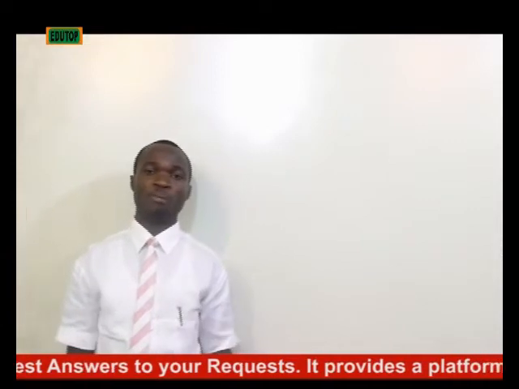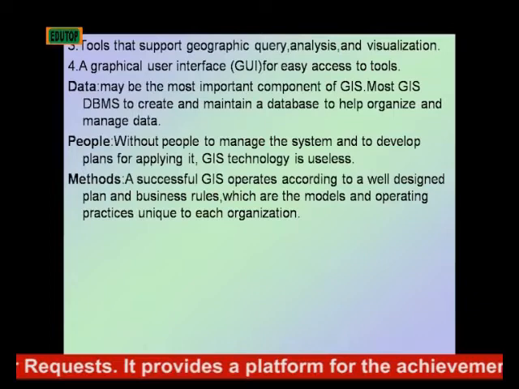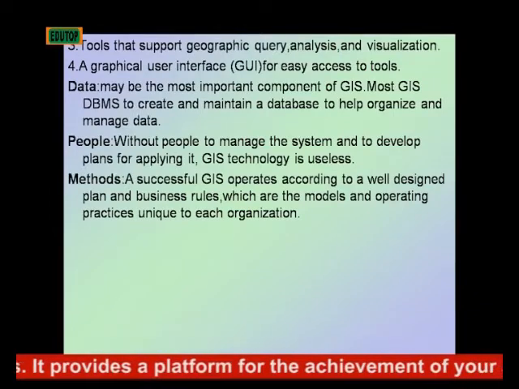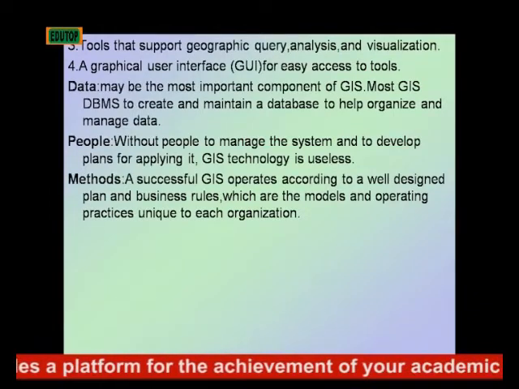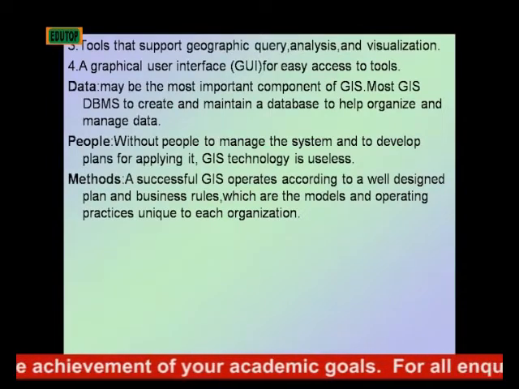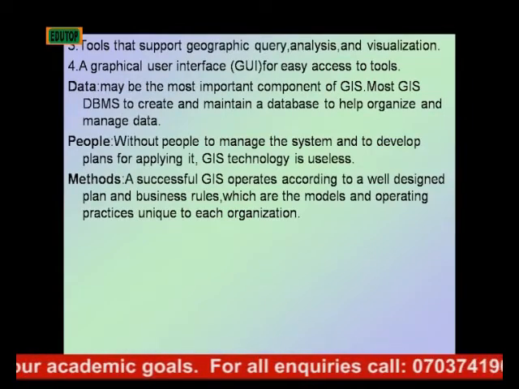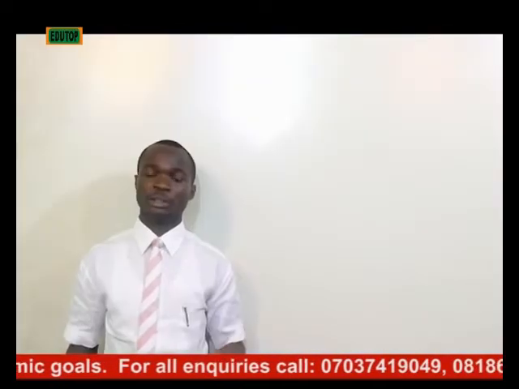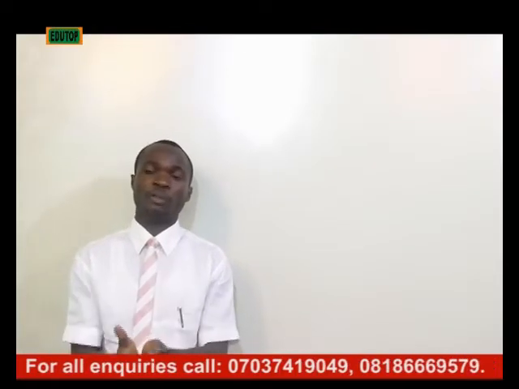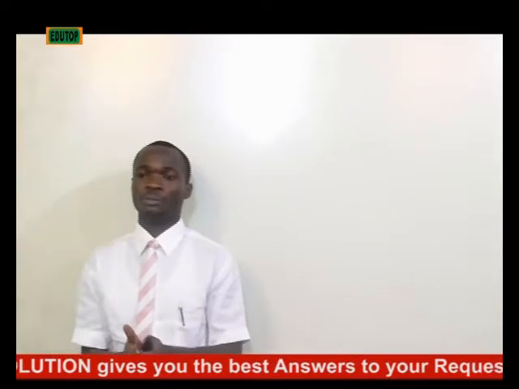And another component of GIS is the data. Data here may be the most important component of GIS. Most DBMS are used to create and to manipulate a database to help organize and manage data. And that's the usefulness of the component of GIS called data. Now, we need people also.